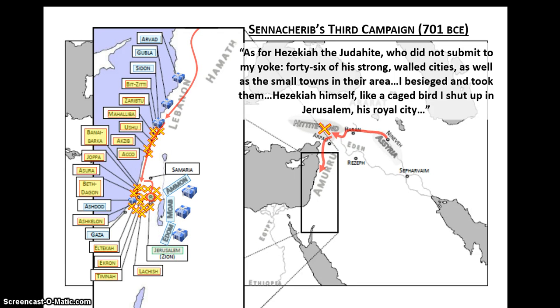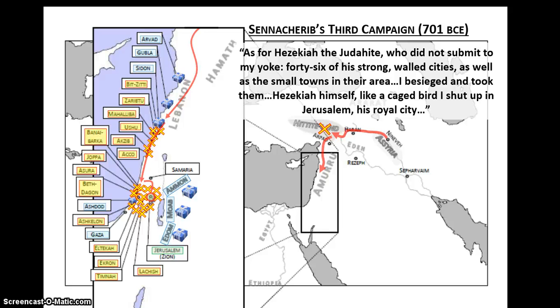What is extremely significant is, as opposed to all the other cities of Judah, all Sennacherib can say is he surrounded it. He besieged Jerusalem. He caged Hezekiah in just as one would cage in a bird. Sennacherib is trying to tell this account in the least embarrassing way.